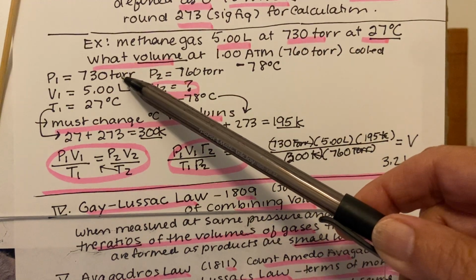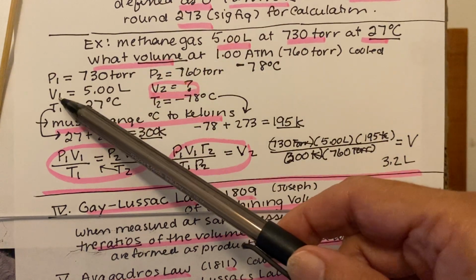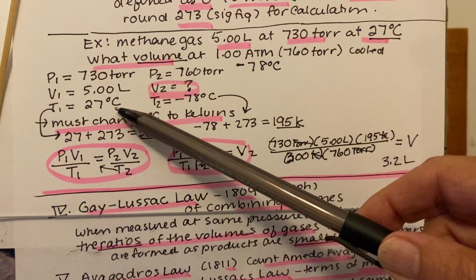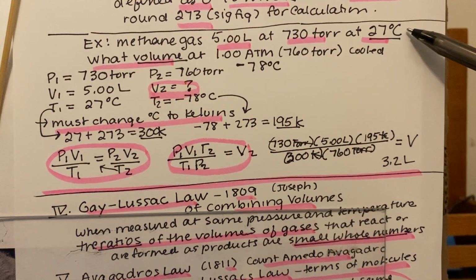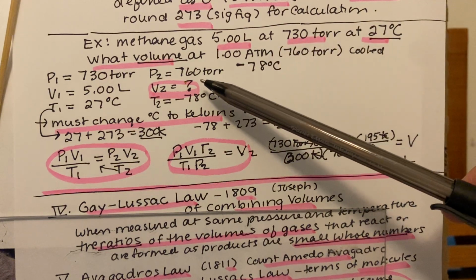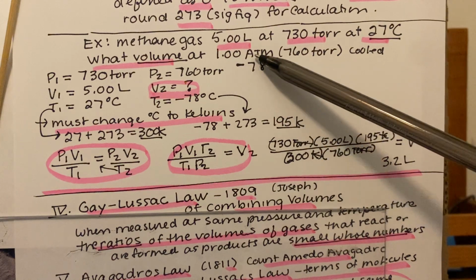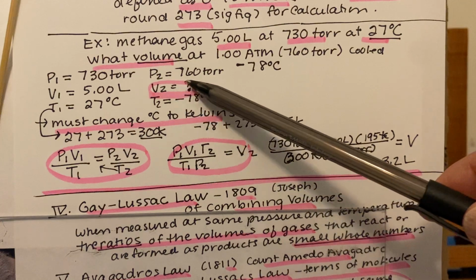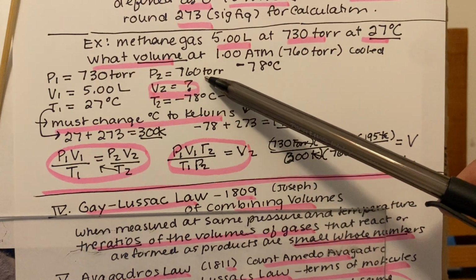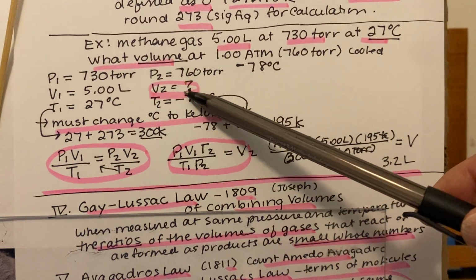So I put 730 torr for the pressure and 5 liters for volume 1. Then the temperature is 27 degrees centigrade. Now for the other conditions, at 1 atm, cooled, the pressure is 760 torr, and the volume is what we want to know.